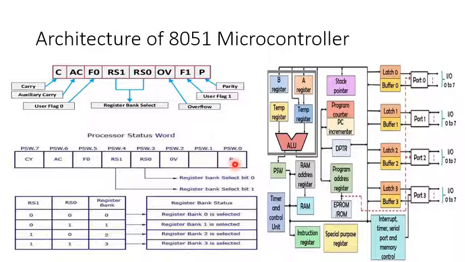Next, the parity flag. If the result has an even number of ones, it is called even parity and the parity flag is set. If the result has an odd number of ones, it is called odd parity and the parity flag is reset. Let us now discuss the control flags.